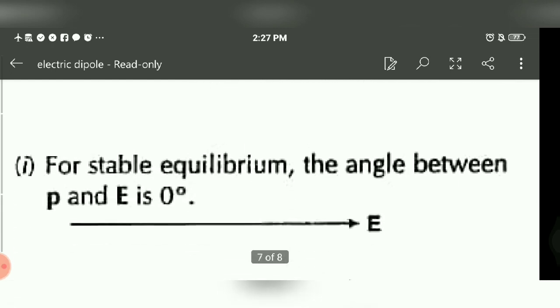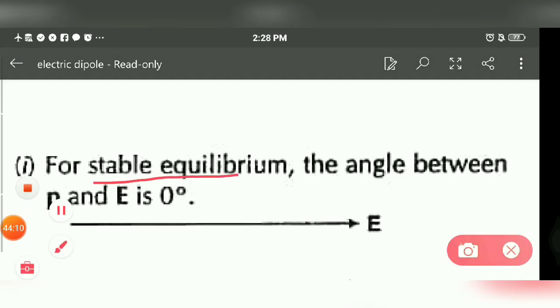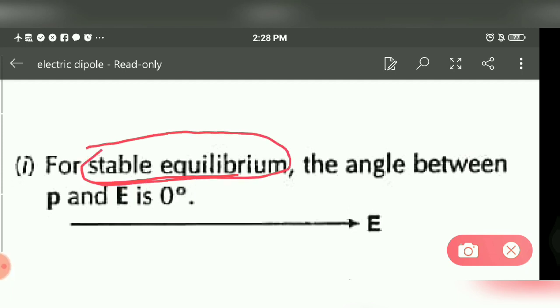Now next there are two points. One is stable equilibrium, the second is unstable equilibrium. Stable equilibrium means when the dipole is in a stable state and no torque is acting on it. That is the case when the angle between them is 0.